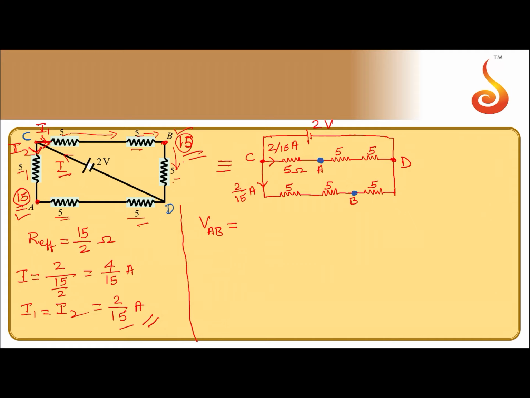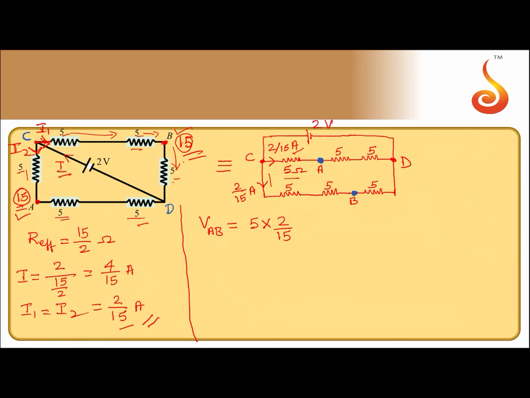Start from point A and go along ACB, so you will get it. 5 ohm into 2 by 15, against the direction of current, is positive.